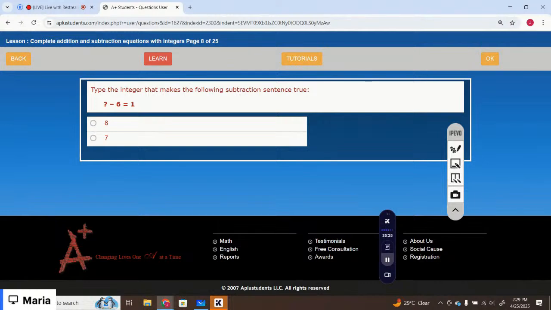Missing number minus 6 equals 1. Which number is missing? That is 7 minus 6 equals 1. Option number 2 is the correct option. 7 it is.